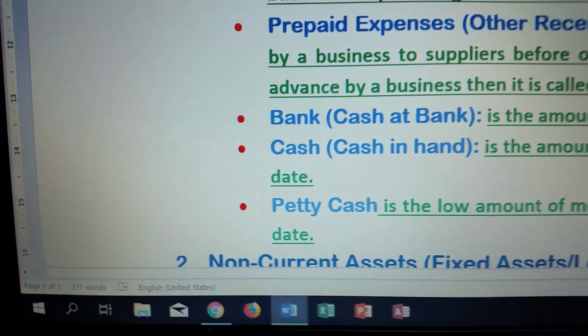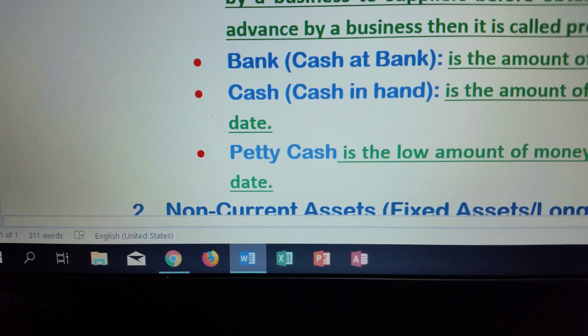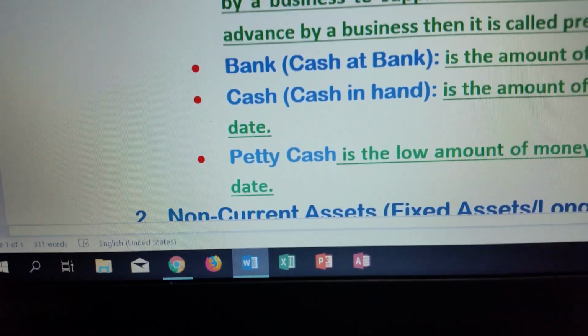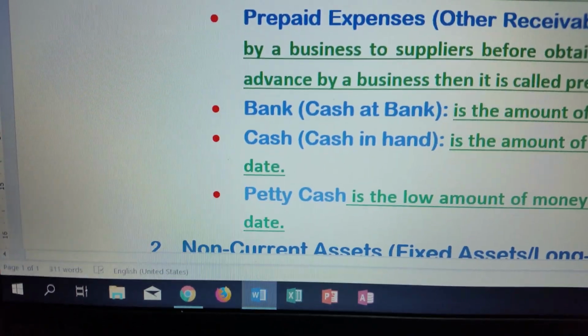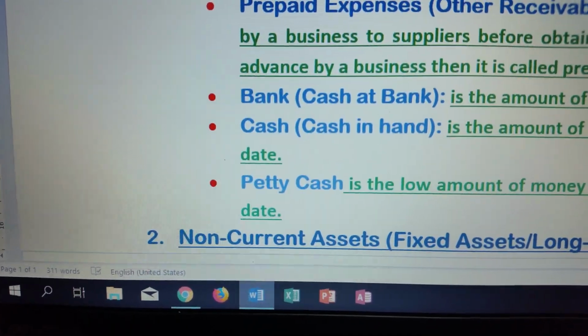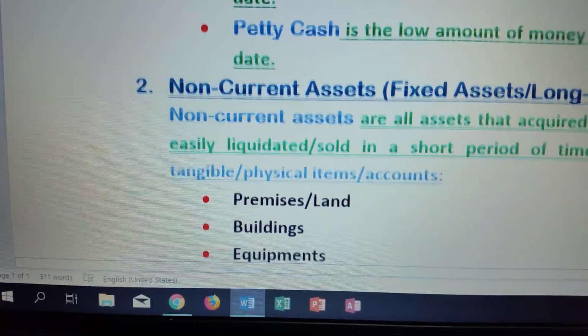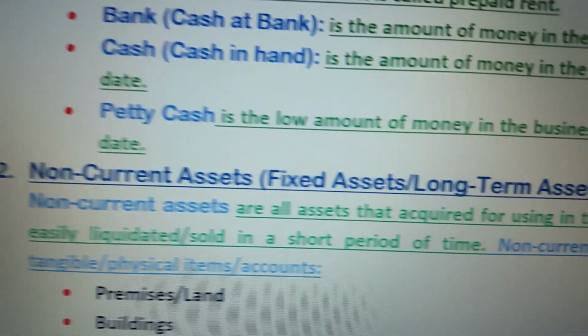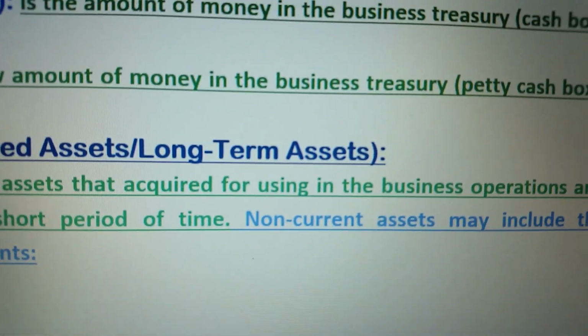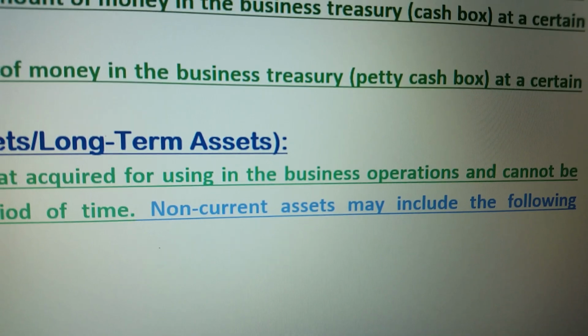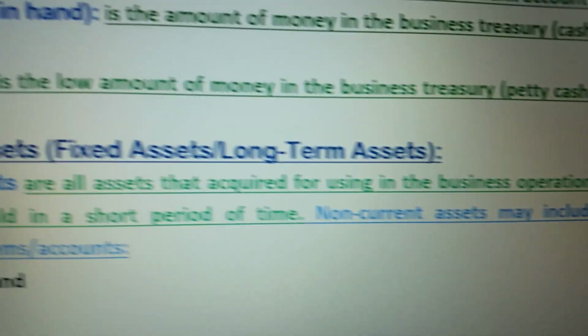The last item in the current assets is called petty cash. Petty means low amount or small amount. Petty cash is the low amount of money in the business treasury at a certain date.